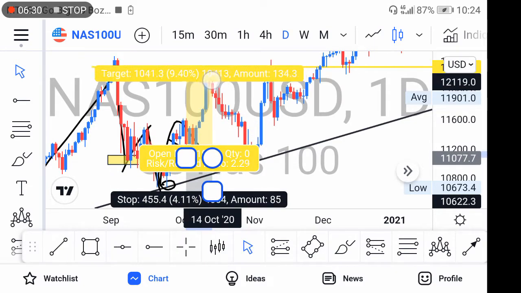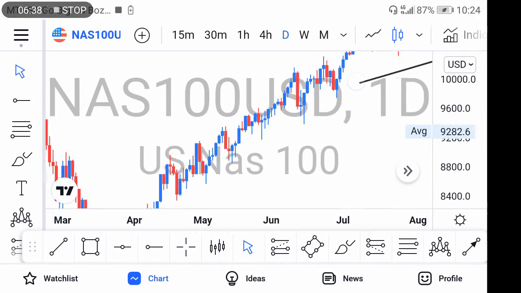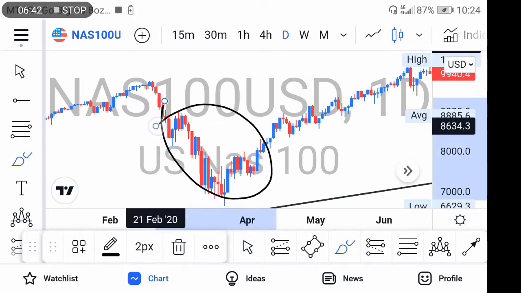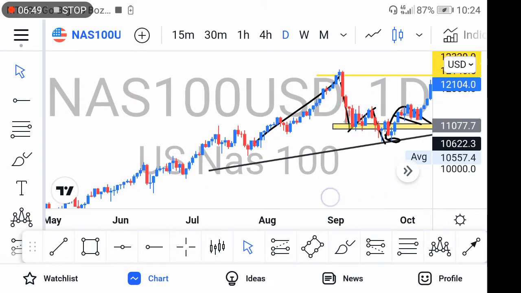So guys, we have seen this pattern playing out from weekly, two times from daily. We have seen it playing out here on the touch of a weekly, and now it's playing out again. So you can see this pattern is a very powerful pattern.